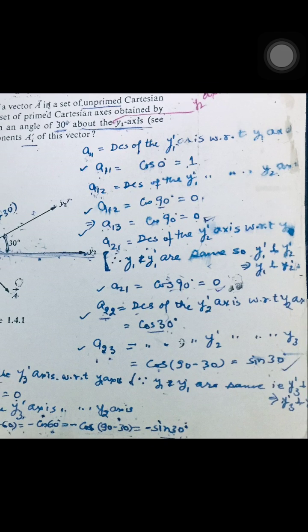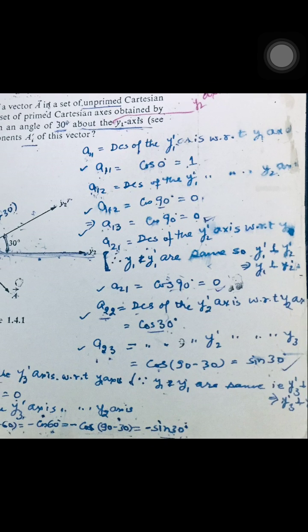So A21 is again cos 90 degrees, the 2 and 1 relation, because the height of the room is fixed, as we saw in the earlier slide they have an angle of 90 degrees. So A21 is 0. Similarly, A22 means y2 dash with respect to y2. Both rotate by 30 degrees, so cos 30 degrees.